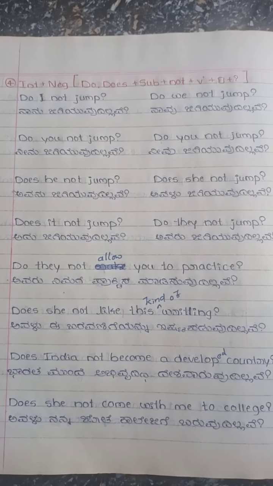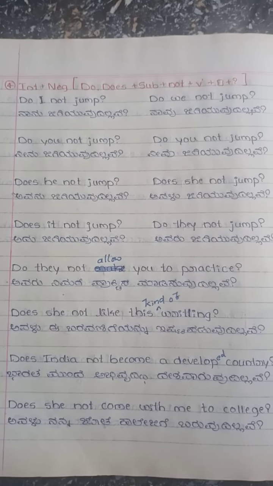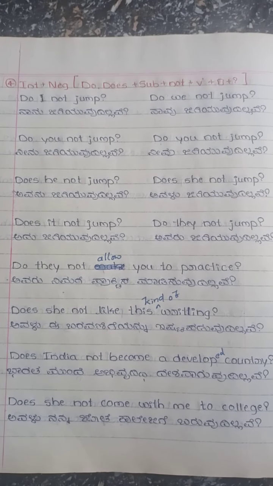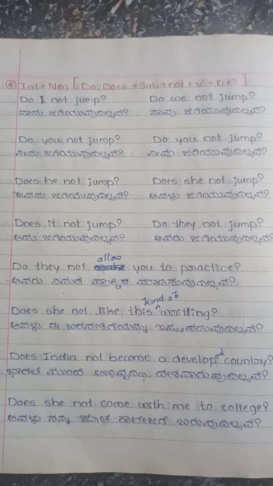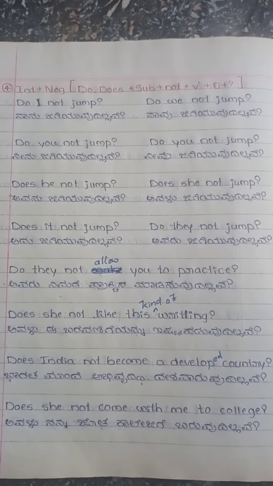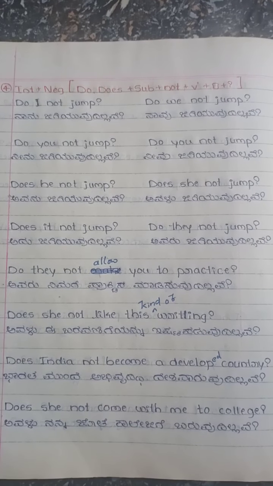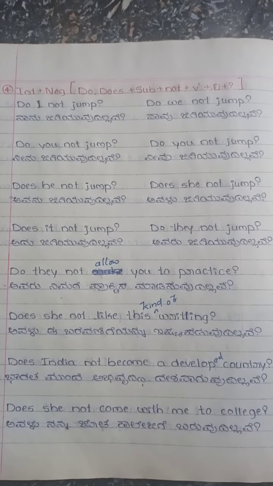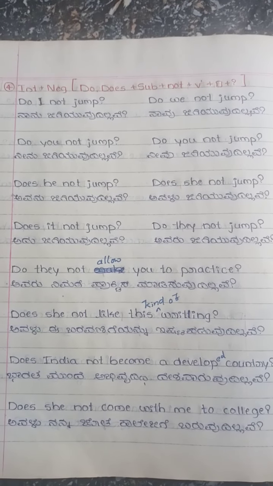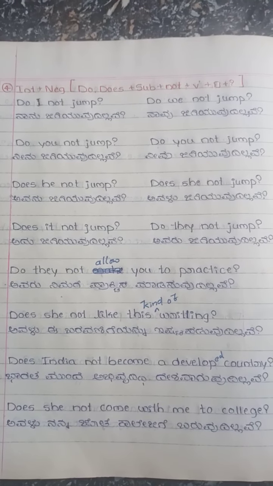And the examples are, the first one, do they not allow you to practice? Does she not like this kind of writing? Does India not become a developed country? Does she not come with me to college? So these are the yes or no type of questions which have a negative shade in them.